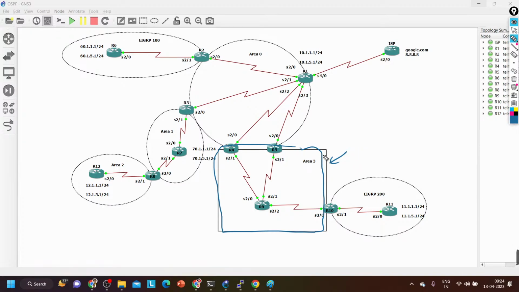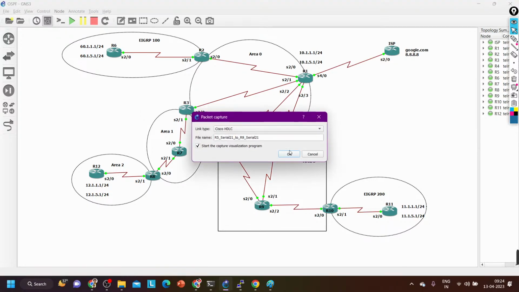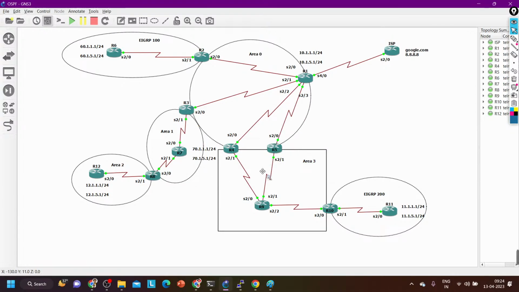Once you configure this area as a stub area, in the hello message the router sends one flag, that is the external routing capability, and it will turn off that bit when you configure this area as stub. If I capture the link between router 9 and router number 5, now all routers are capable of performing external routing, but once you configure the area as a stub area, in a stub area LSA 5 is not allowed.